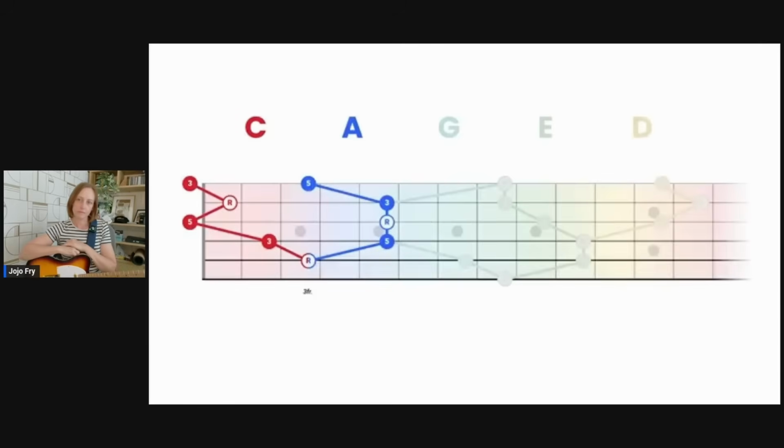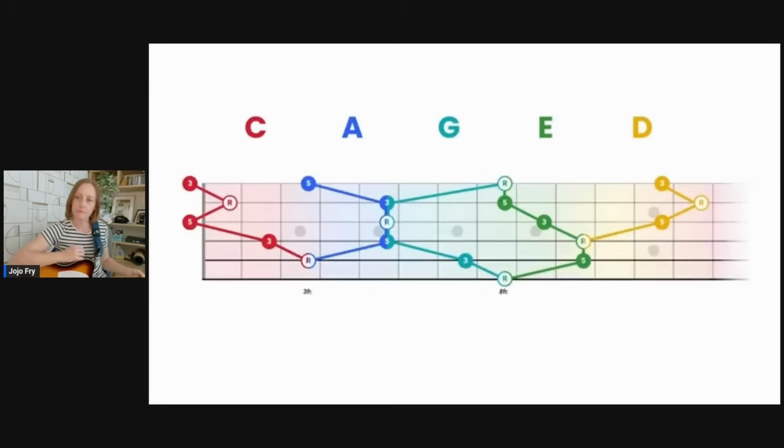I then play my A shape to get another C chord. I then play my G shape to get another C chord. I then play my E shape to get another C chord. And then, of course, finally, I play my D shape to get a final C chord. And we can do this in any key. Rather than get lost in an ocean of notes, this system gives you a map that breaks up the fretboard into these 5 shapes.